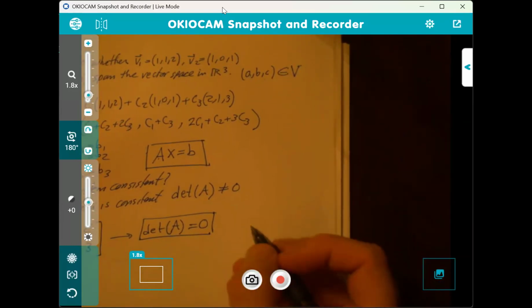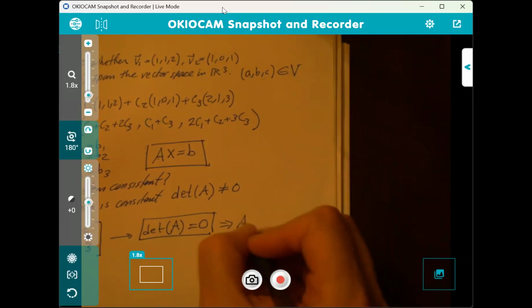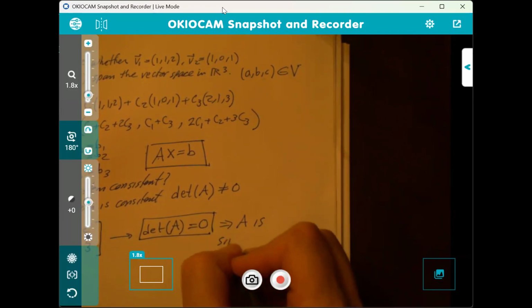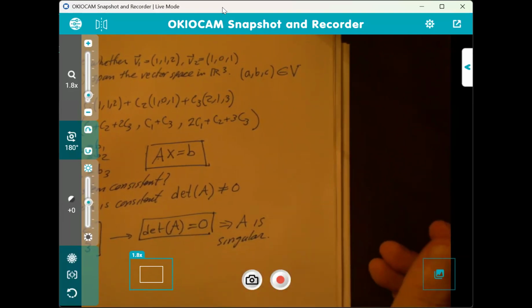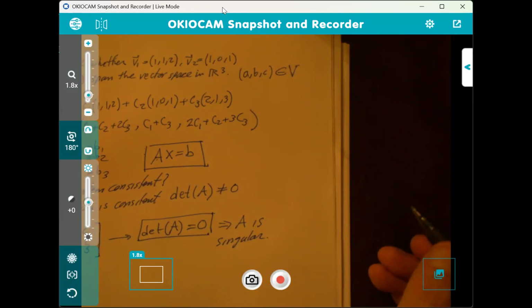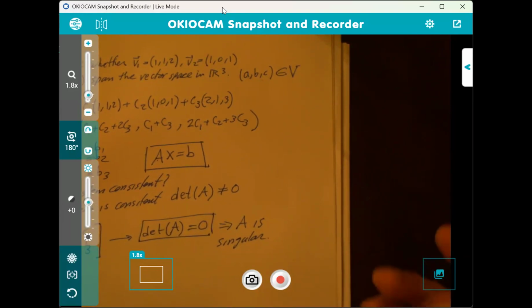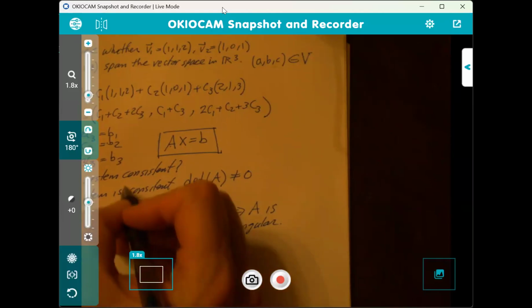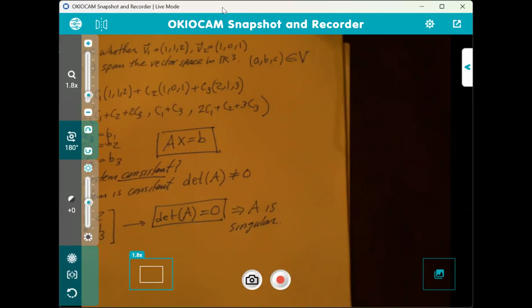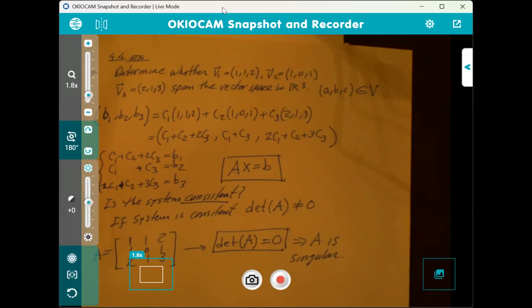So that means matrix A is singular. Singular means it does not have an inverse. So one row is a linear combination of another row. So what's the conclusion? The system is not consistent.